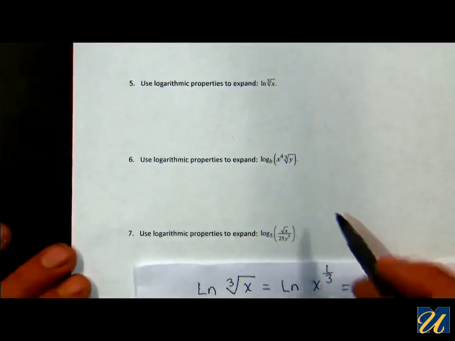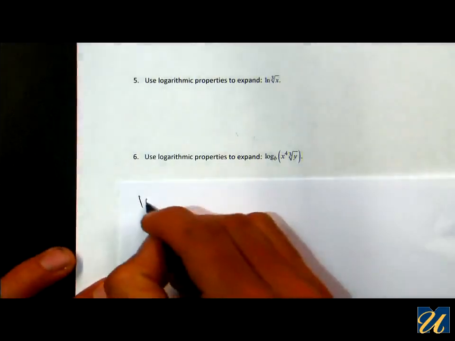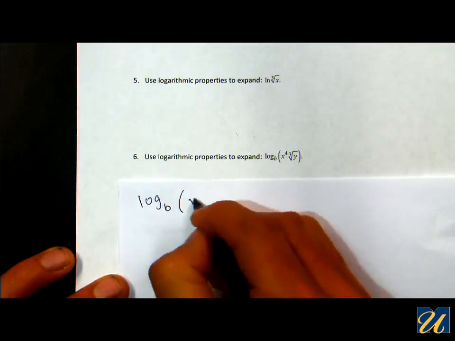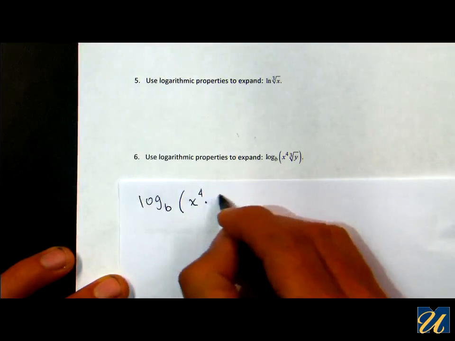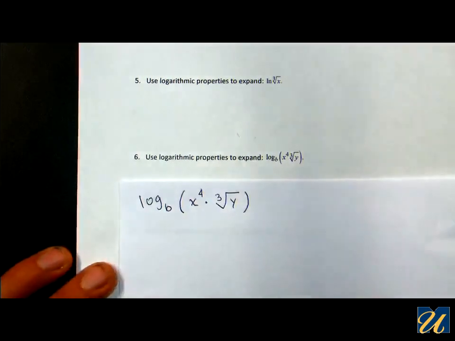Use log properties to expand that expression. Log base b, so it's a generic base, of x to the 4th times the cube root of y.